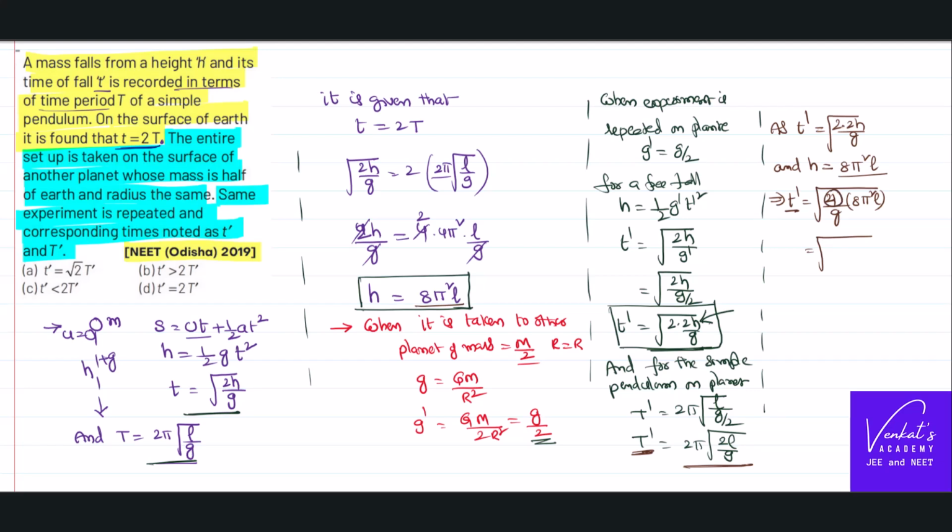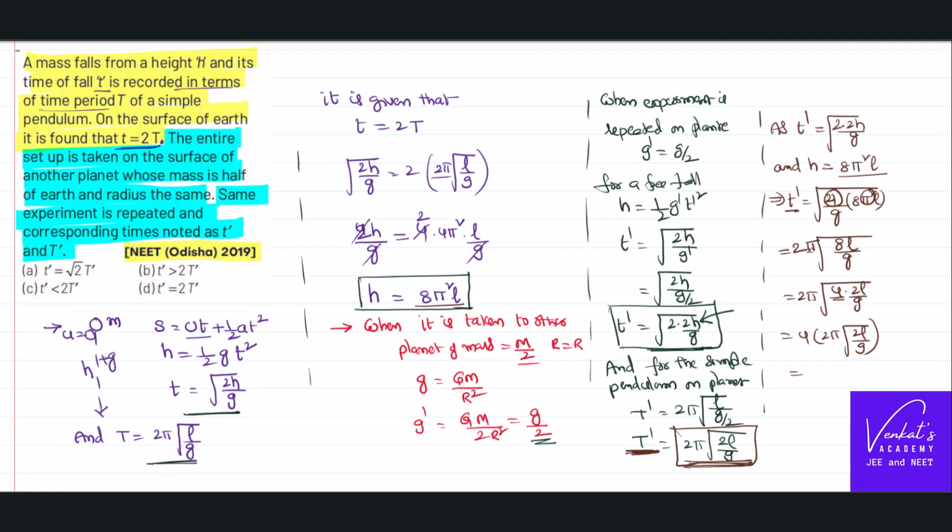This 4 I can get out of the root, it will become 2. This pi square I can get out of the root, that becomes pi. So if I write that 4 pi square out of the root, it becomes 2 pi. What is remaining is 8L by g. So this is 2 pi into square root of, I have to write it in these terms, 2L by g. So I can write it as 4 into 2L by g. Now I can write this 4 again outside into 2 pi root 2L by g. But I know 2 pi root 2L by g is T dash on the new planet.